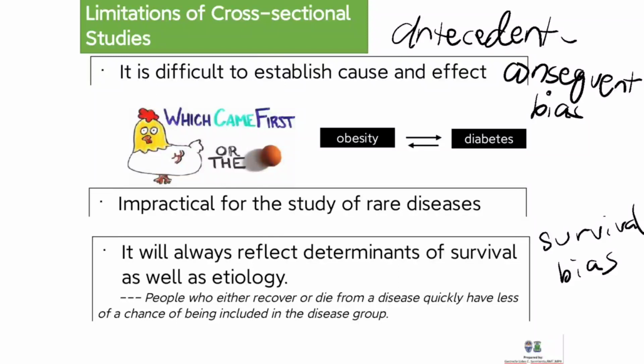So, hindi mo na sila masasama dun sa survey na maganda ba yung buhay nun? Yung mga tinanong mo, yung mga nabuhay lang ng masaya, tapos yung mga mahihirap na nangamatay, hindi mo na sila matatanong, di ba? So, nagkakaroon ng survival bias.